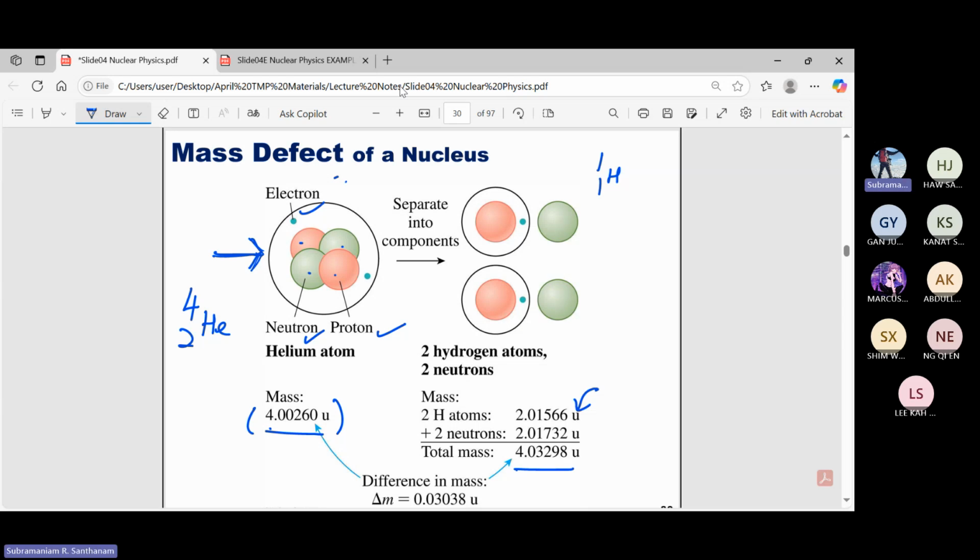So when you take the mass of the hydrogen atoms plus the neutrons and subtract the mass of the helium atom, you see a difference in mass. That difference is the mass defect. Why is there some loss in the mass? Because that mass has been changed into energy. That is the binding energy that is being released.